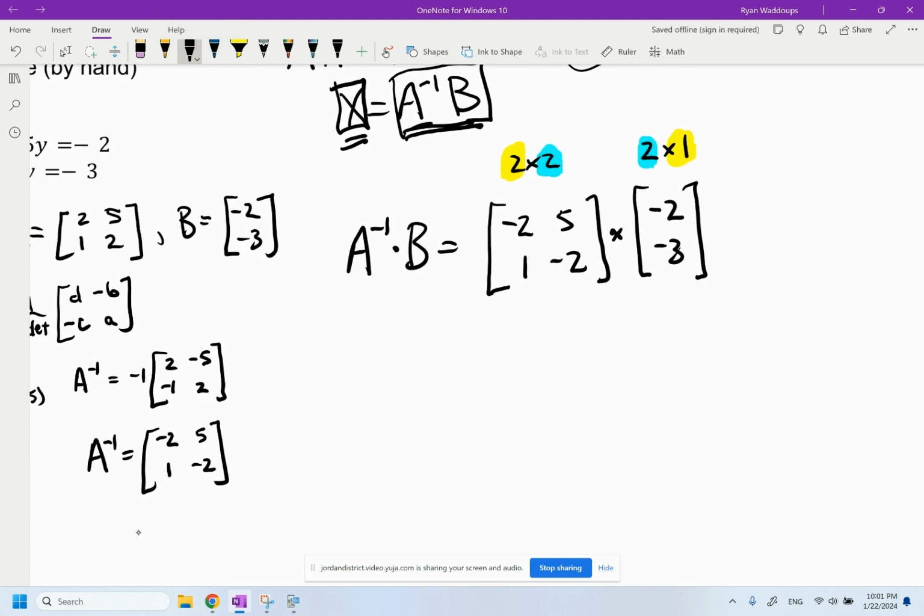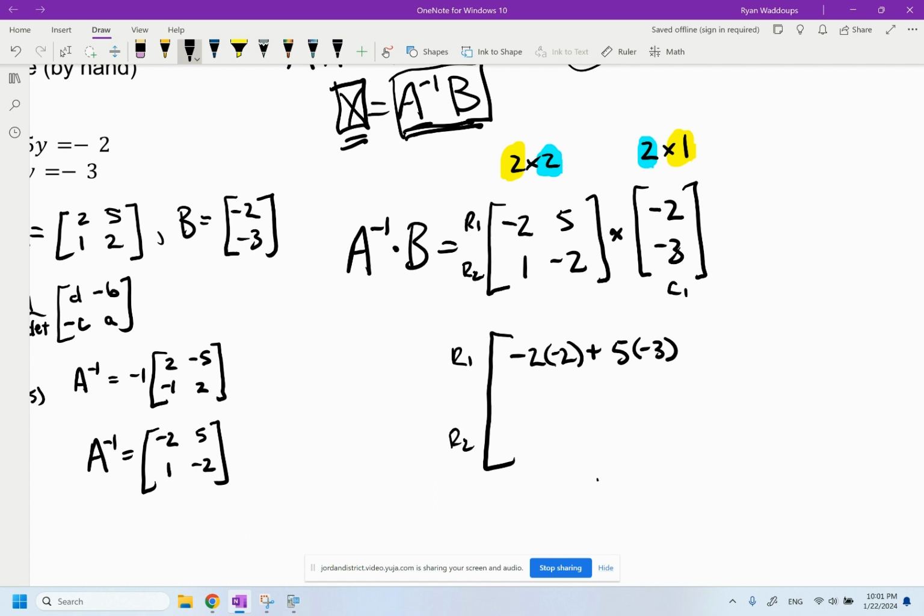To get that, we'll call this row 1 and row 2, and this would be just column 1. We only have the one column. So I'm going to take row 1 times that column, -2 times -2, and add that to 5 times -3. Then for the bottom, I take row 2, so this is my new row 1 and this is my new row 2 here.